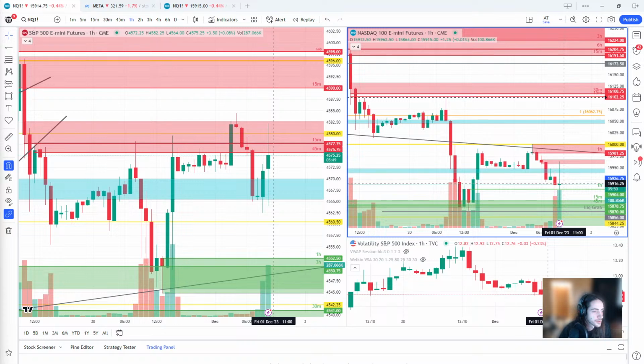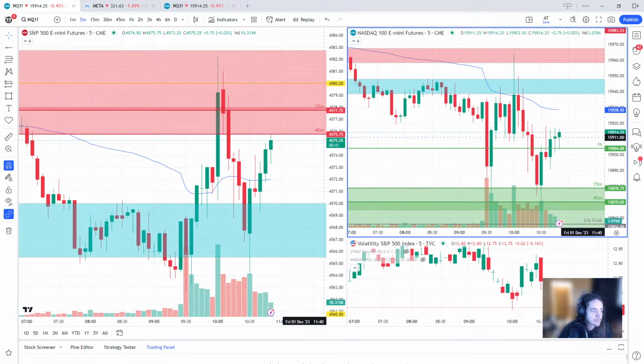Give us something. Give us something. It gave us something and took it right back. I scaled out of most. Equities are just bouncing around right now. Hate that.